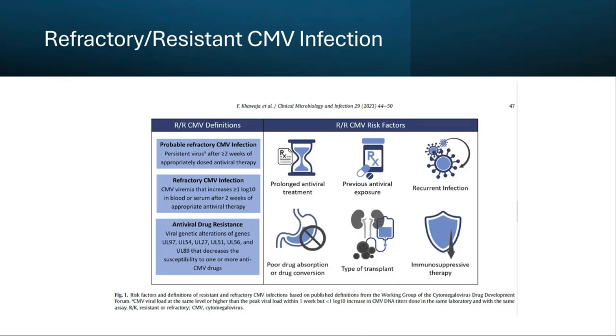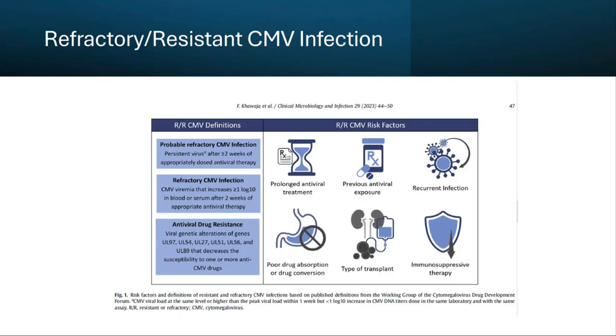And of course, the patients that are highest risk based on serostatus, as we discussed before, patients with very high levels of CMV DNAemia are at risk for resistance as well.